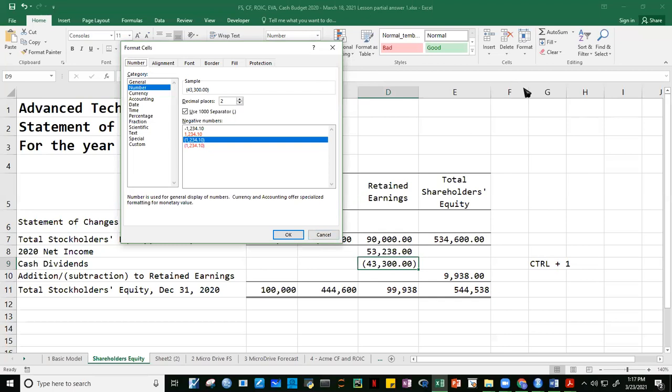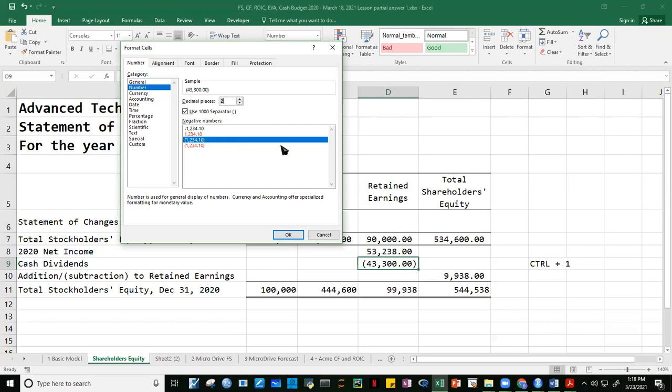So sa Mac, Command 1, sa Windows, Control 1. When you press Control 1, guys, it will generate this format cells. Shortcut siya, keyboard shortcut. And then nasa number tayo, okay, then click number, and then we want 2 decimal places. And then you choose this. Ito, yung may parenthesis. Kapag negative numbers, may parenthesis. Huwag na yung red. We just want the black.